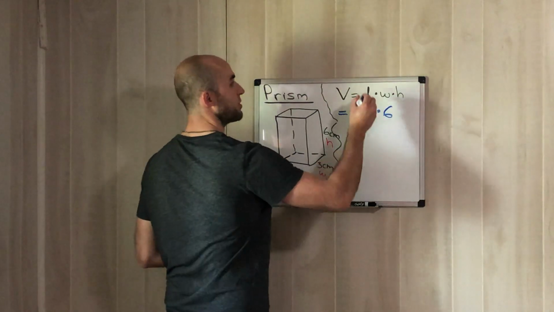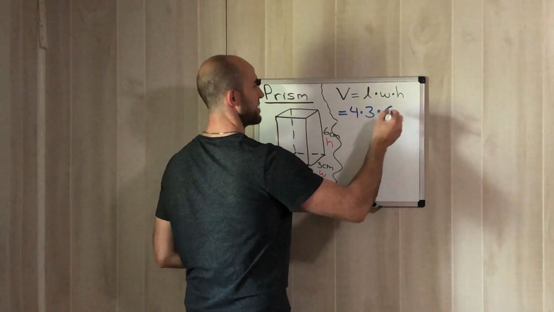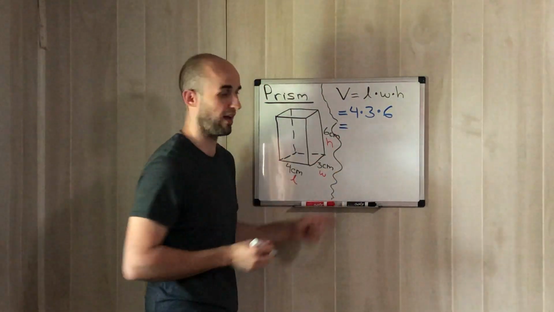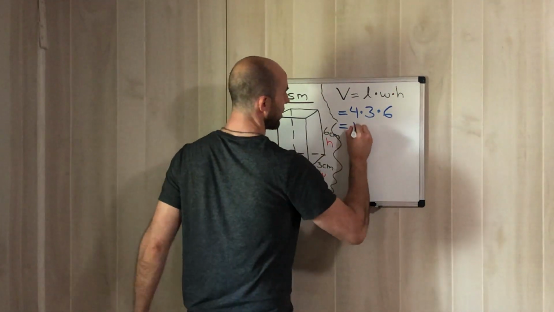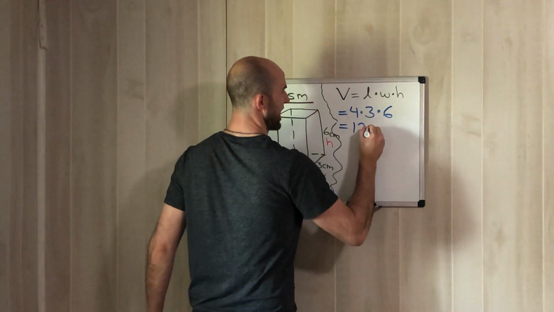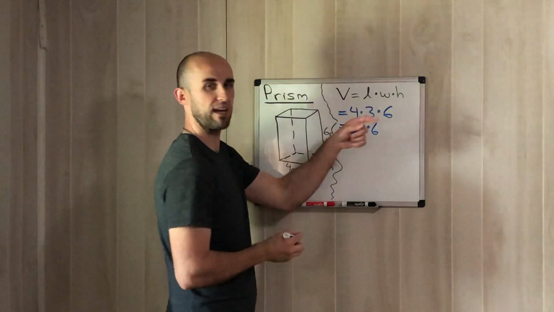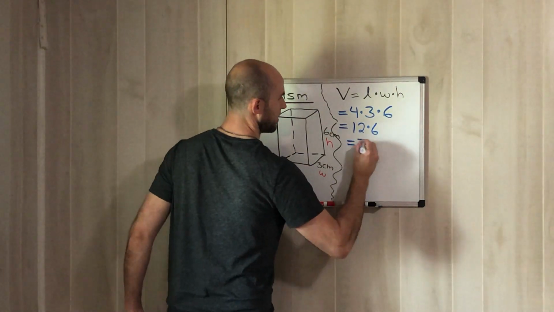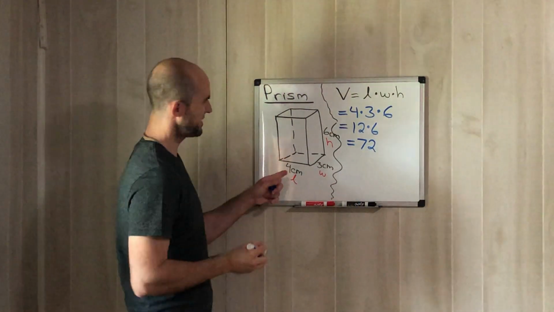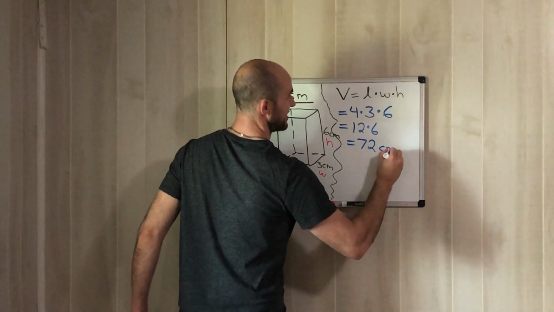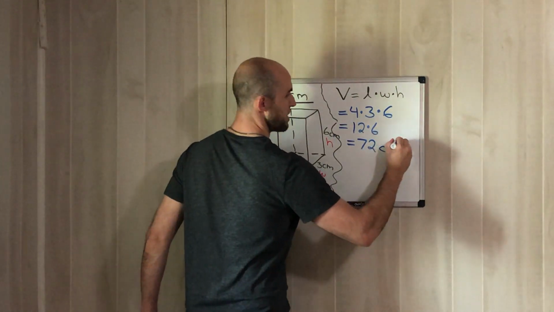And since they're all next to each other, again, length times width times height. All it is, it's just multiplying, right? 4 times 3 is 12, right? Don't forget the times 6. And 12 times 6 is 72. 72 centimeters. And since we're dealing with volume, it's going to end up being cubed.